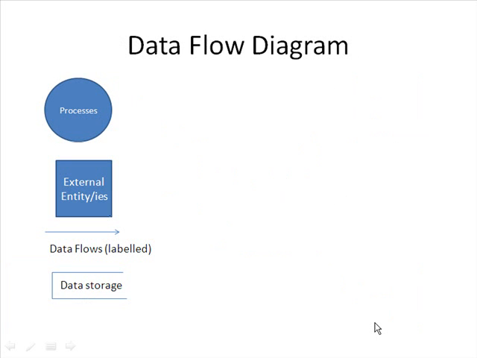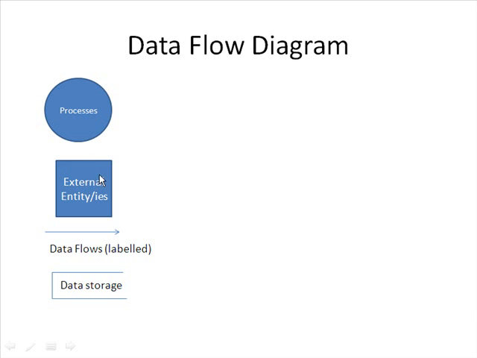The next level is the data flow diagram. Now the data flow diagram is pretty much the same shapes, however with slight variations, and one additional one, which is the data storage. I often call it the right hand missing rectangle.